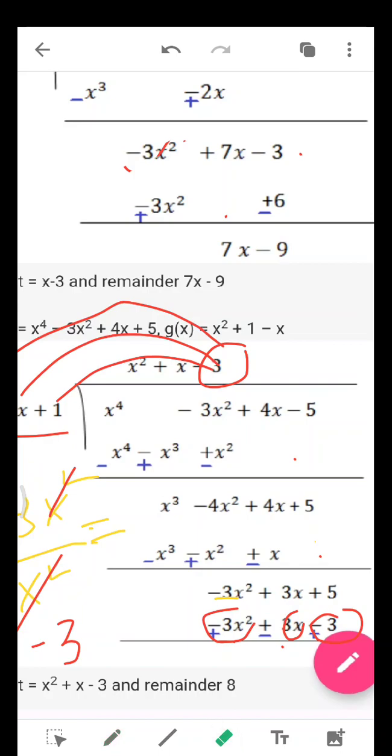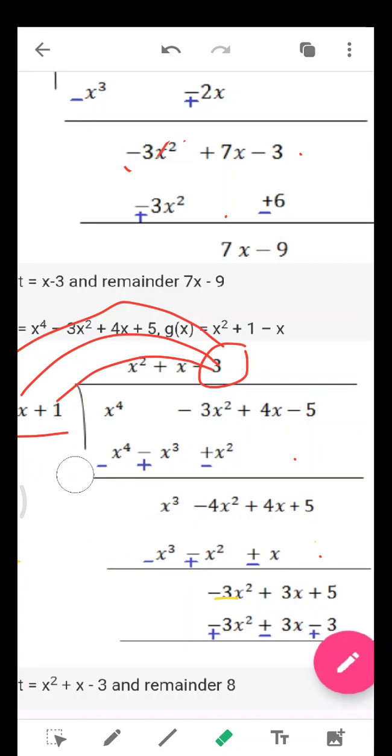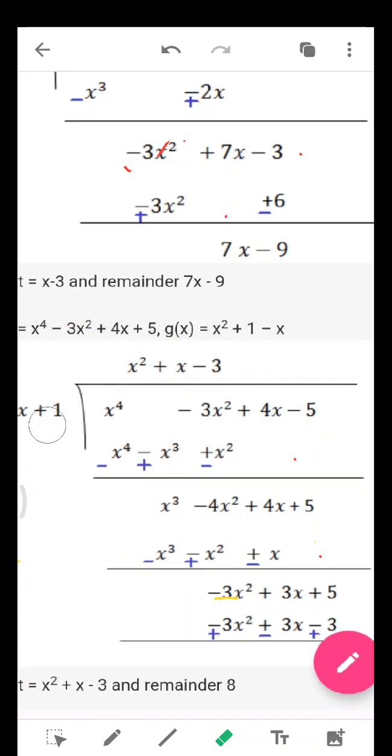Now can you tell me what is the next step? The next step is changing the sign. Yes, you're right. Change the sign. The blue colors are the changed ones. Minus becomes plus, plus becomes minus, and minus becomes plus here.